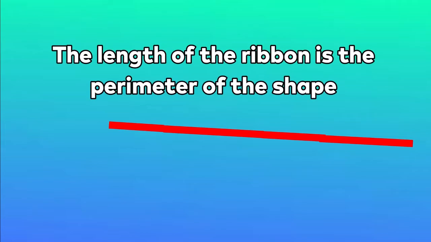The length of the ribbon is the perimeter of the shape. In these situations, we would measure the length of the sides or the distance using units of length. So today, we will learn how to measure the perimeter of any given figure using centimeter or meter.